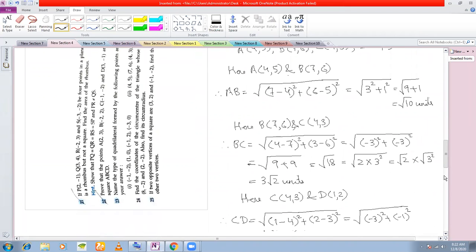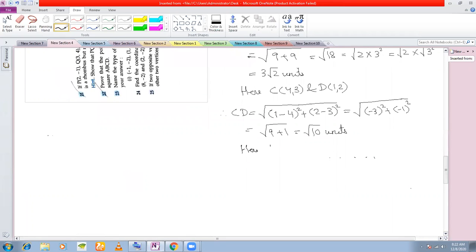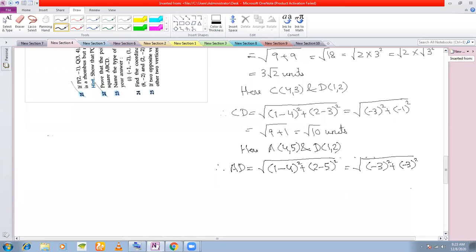So A is (4,5), D is (1,2). Therefore AD is root over 1 minus 4 square plus 2 minus 5 square. And this is square root of minus 3 square plus minus 3 square, which is 9 plus 9, which again comes to root 18. So it's equal to 3 root 2 units.